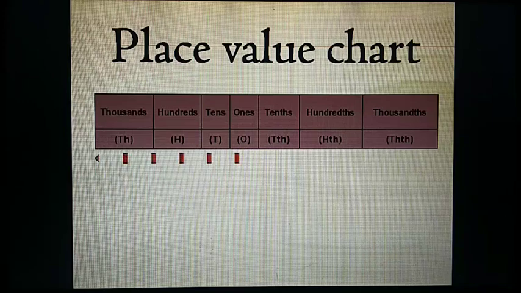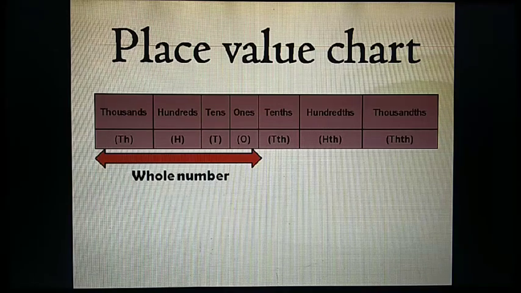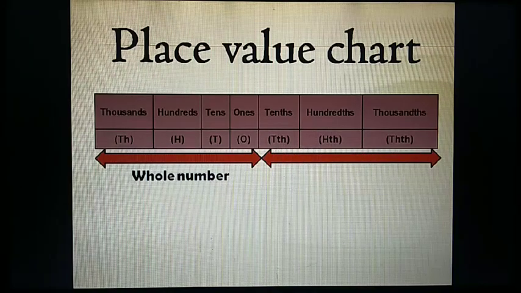Here, ones, tens, hundreds, thousands will make a whole number part, and tenths, hundredths, thousandths will make a decimal part. Decimal point will come between ones and tenth.